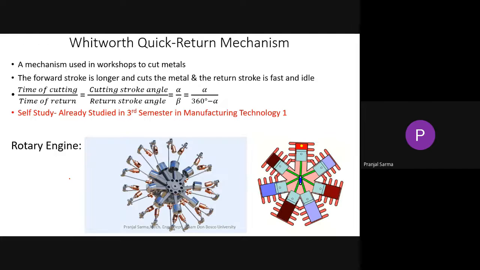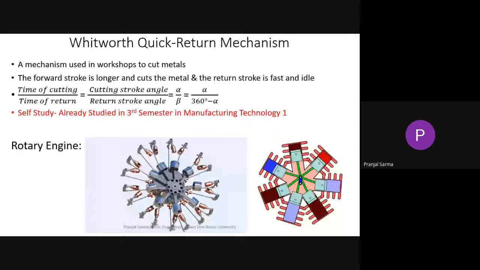Apart from that, in the rotary engine, which we have shown here, which you can see in the front side, we have got the common crank.